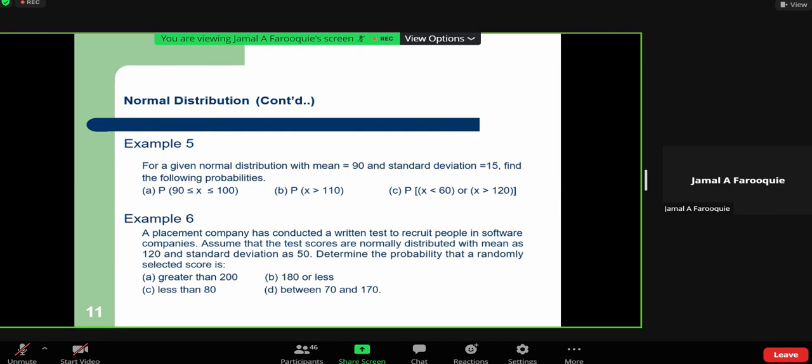Where did 200 come from? Maybe the maximum score of the test was 300 or 400. Okay? So this is how we should first understand the problem.